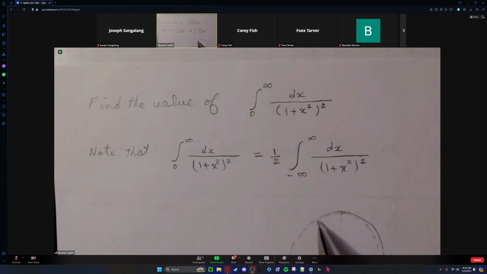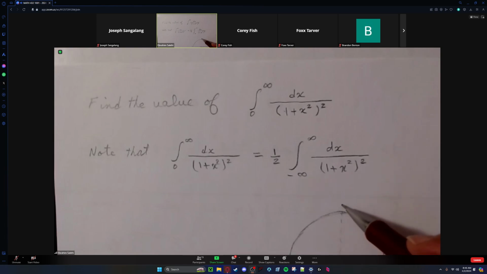Not a perfect semicircle, but with the y-axis and x-axis. We call this one CR. Here, negative R to R.